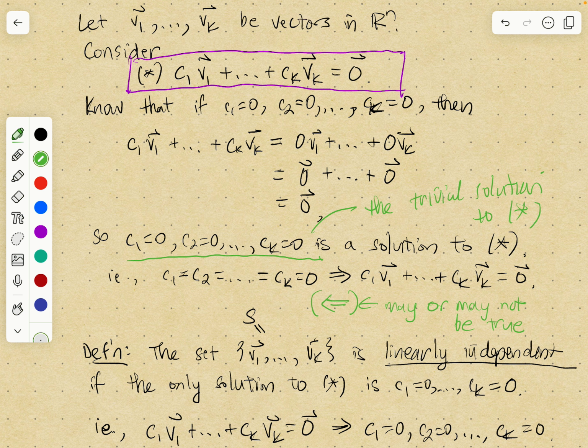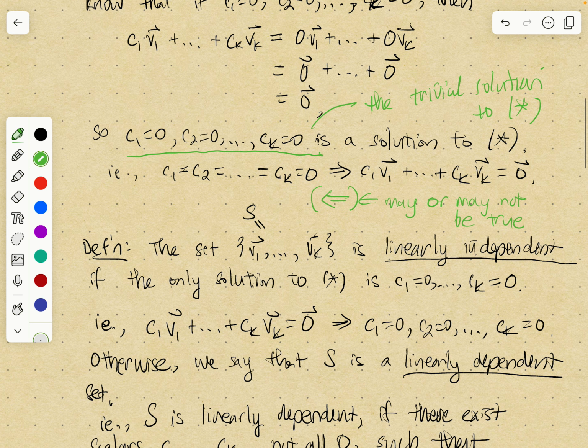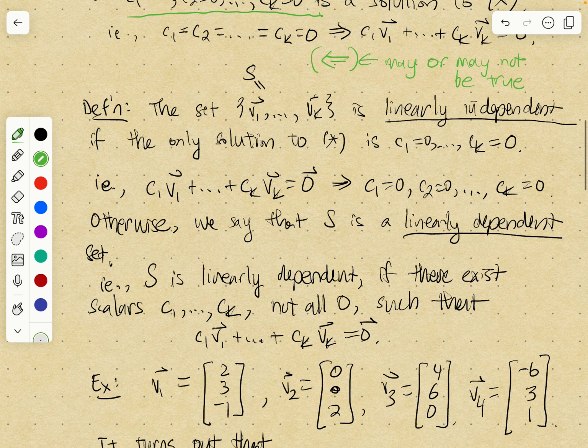Okay. And if there exist scalars C1 through Ck, not all 0, such that C1 V1 plus dot dot dot plus Ck Vk is the 0 vector, that's called a non-trivial solution to that equation.